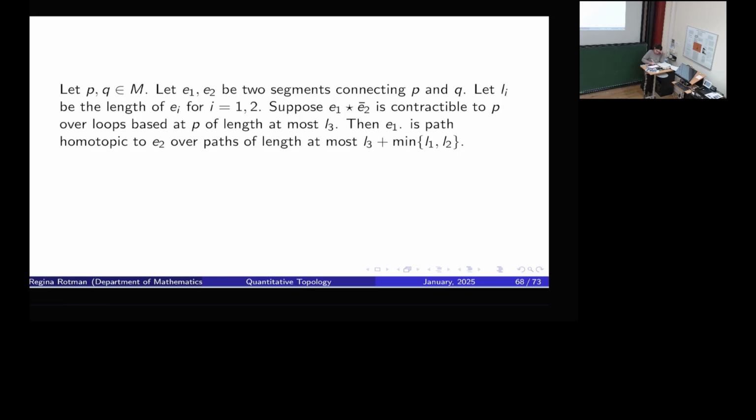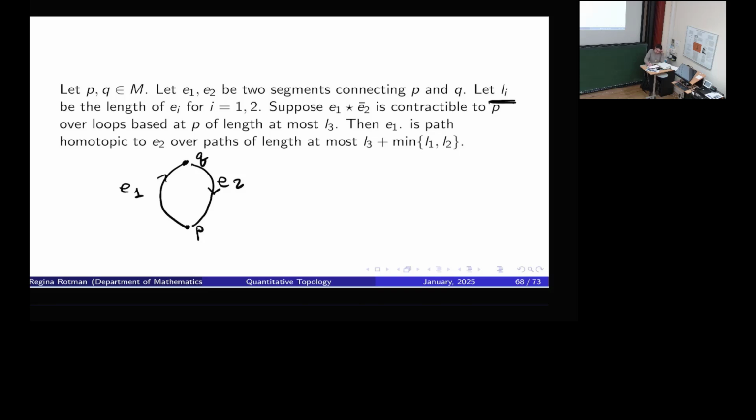So here's what I'm going to say. Suppose we have two segments connecting points P and Q. And suppose we consider those segments as a loop. And suppose the lengths of those segments are bounded by L1 and L2. Did I say that?